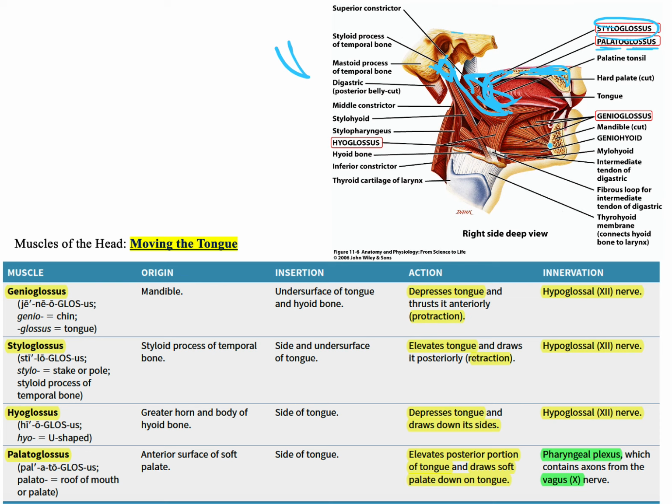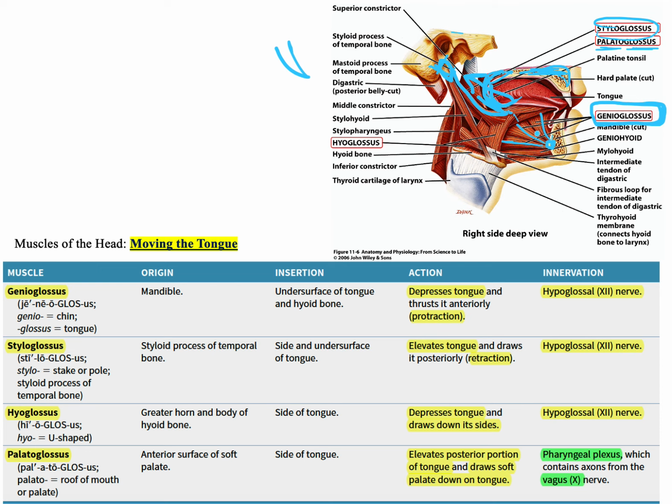Excellent. What else? We have inferiorly an important muscle. Please remember this muscle because it is clinically important, and it's used to test the hypoglossal nerve. It's known as the genioglossus muscle. It's a fan shape, right? Fan shape, originating from the superior mental spine, just superior to the geniohyoid muscle.